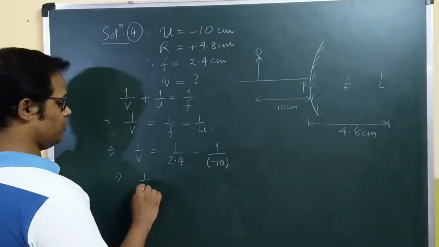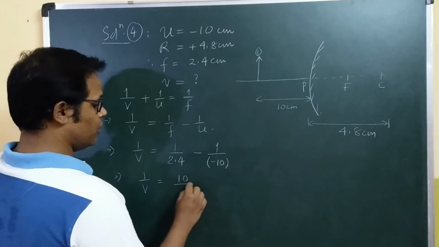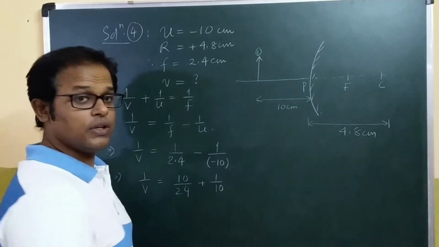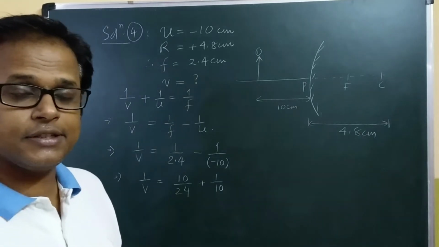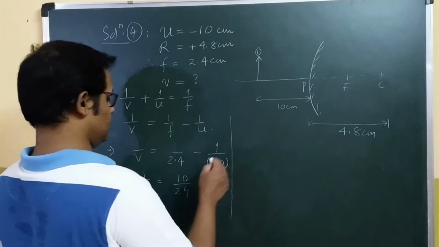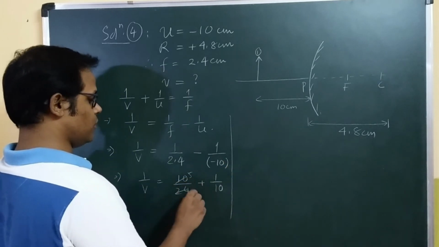So this is going to be 10 by 24, I prefer to write, plus 1 by 10, just removing the decimal, I find it easier, right? That's a good way. So now we can move forward.